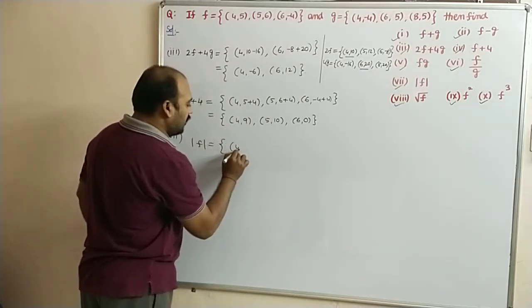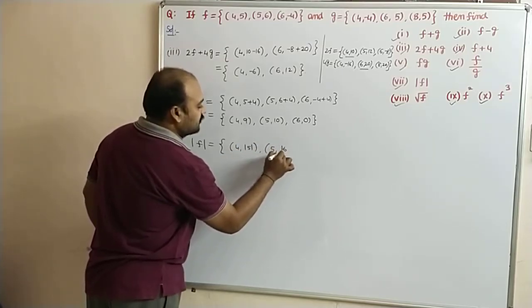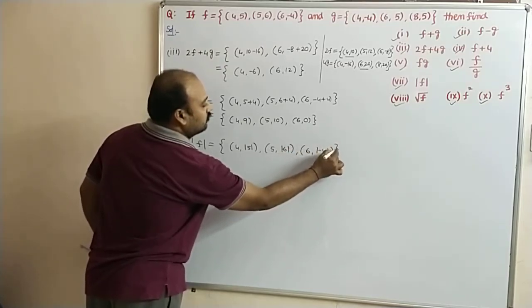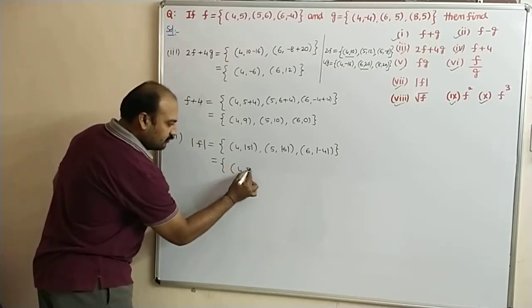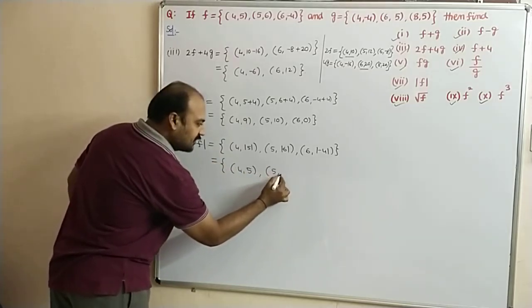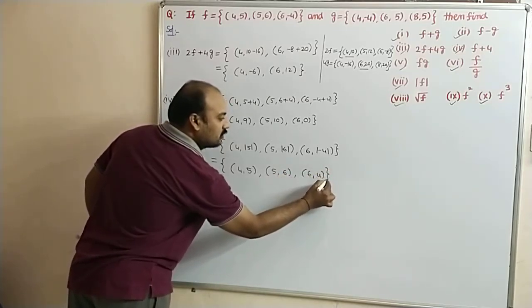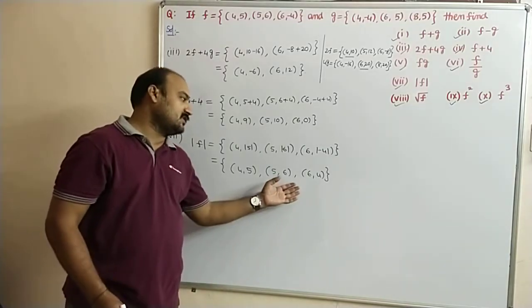So (4, modulus of 5), (5, modulus of 6), (6, modulus of minus 4), which is equal to (4, 5), (5, 6) and (6, modulus of minus 4 is plus 4). Therefore mod f is equal to (4, 5), (5, 6) and (6, 4).